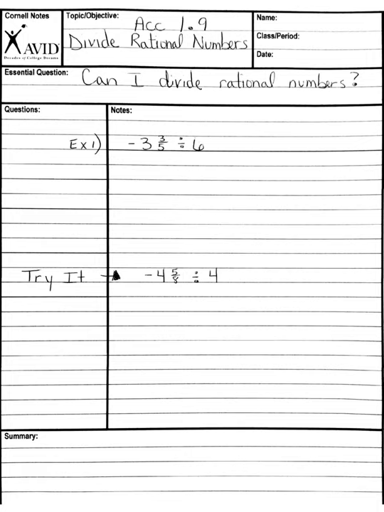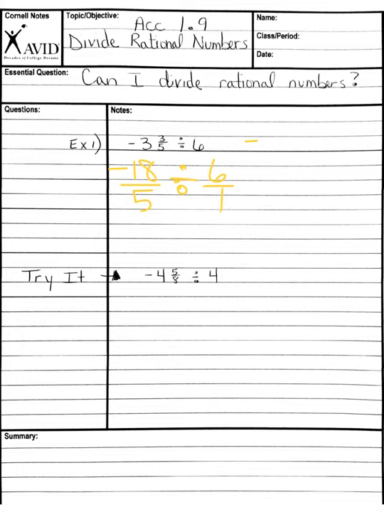A negative divided by a positive, different signs, means I am going to have a negative answer. Now we need to remember, what do we do when we divide fractions? First of all, it's a mixed number. We need to turn it into an improper fraction. So we will have a negative 18 over 5, divided by 6 over 1.